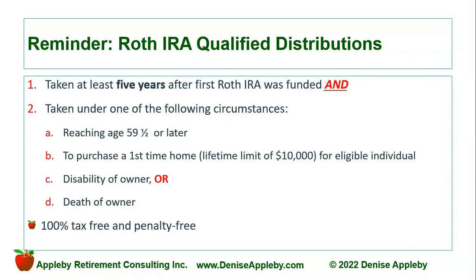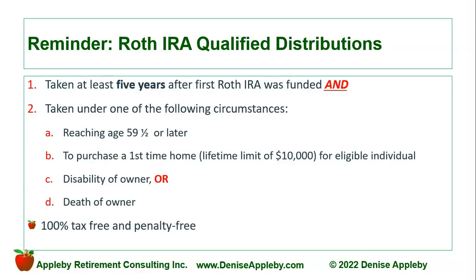And before I do that, I want to remind us what it means for a Roth IRA distribution to be qualified. If your client has a Roth IRA, in order to be able to take a qualified distribution, which would be 100% tax-free and penalty-free, 2 requirements have to be met.